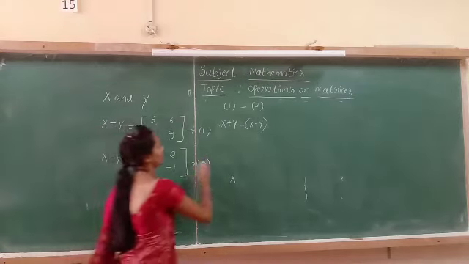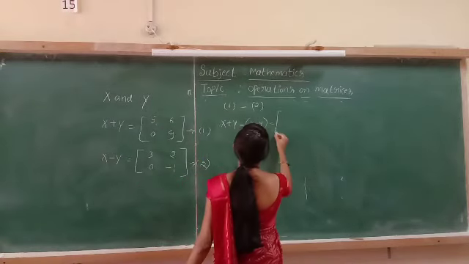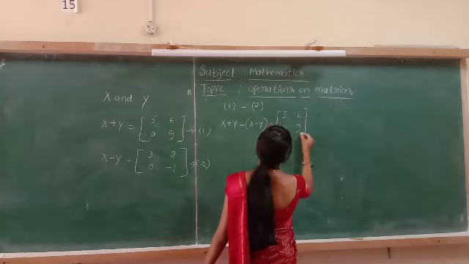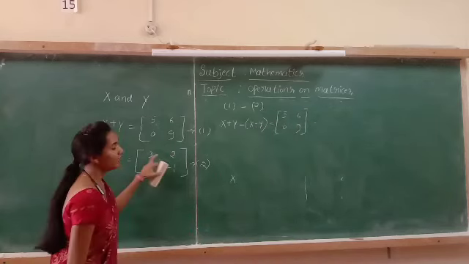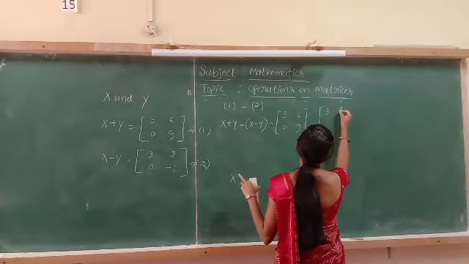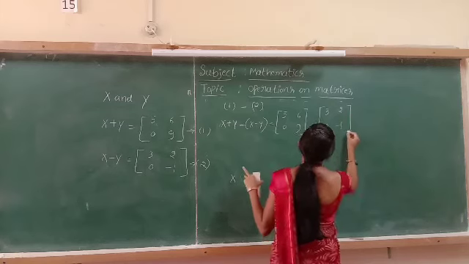Again, move on to the right hand side, which is equal to the first matrix [5, 6; 0, 9] minus of [3, 2; 0, minus 1].